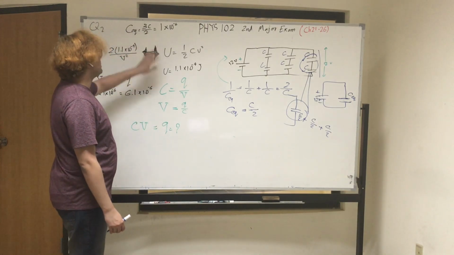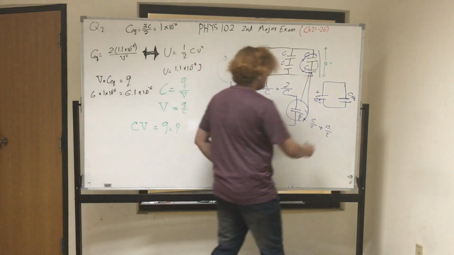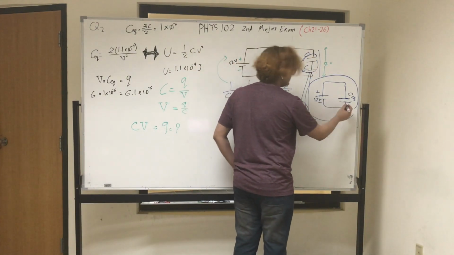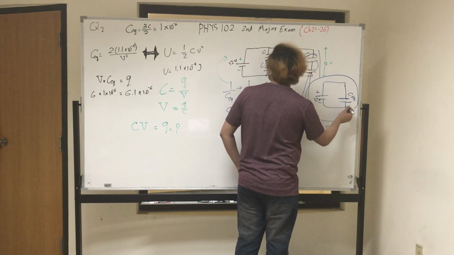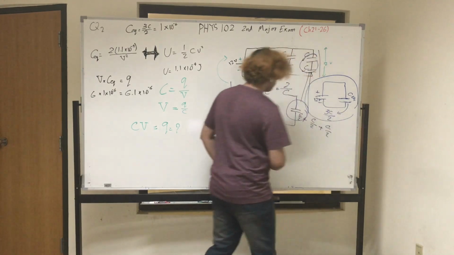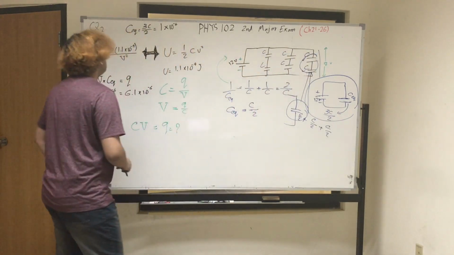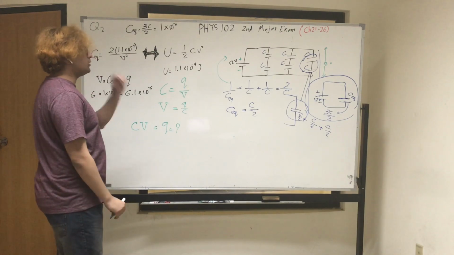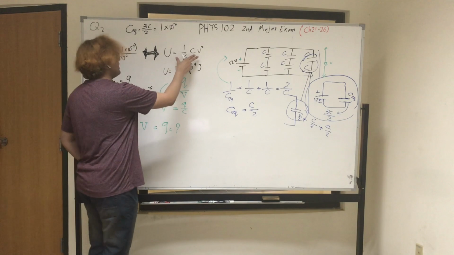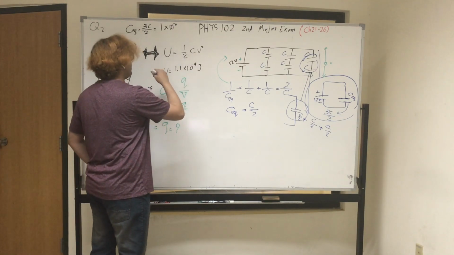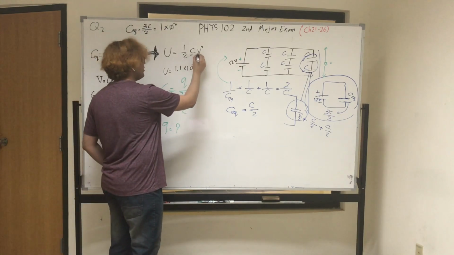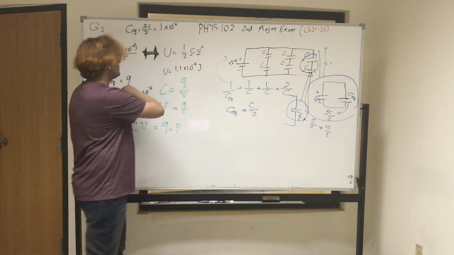That is the equivalent capacitance of our very simplified version of the circuit. Once we know the equivalent capacitance, we use this equation, which tells you the energy stored in any capacitor. If you have the capacitance and the voltage, we can figure out the energy using this equation.